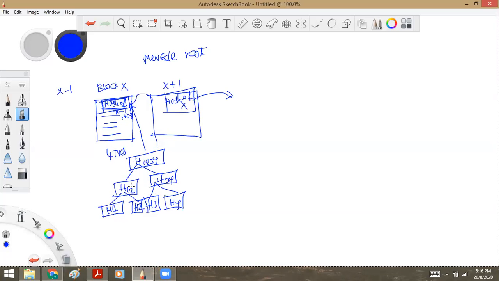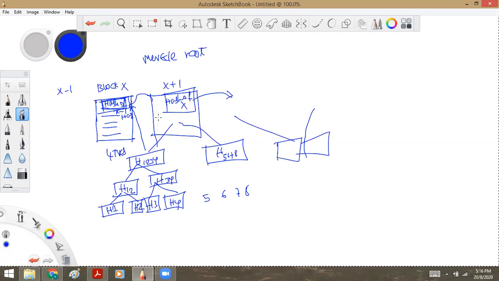And this is what becomes the hash of the block. Similarly, in this there is transaction 5 6 7 8. Now like this all the hashes of blocks are also calculated, and at the core there will be the Merkle root.